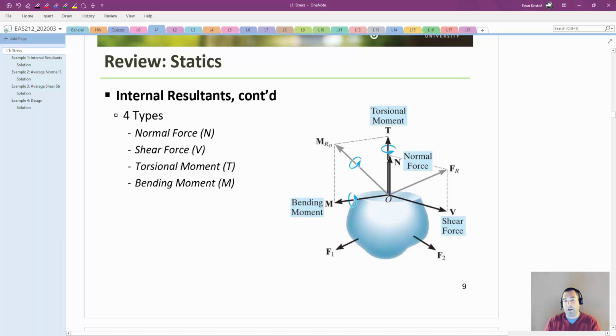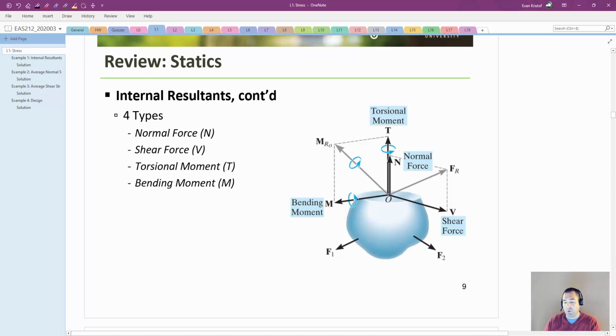And this is going to be critical for us when we start calculating stresses, because the stress based off the force that's acting perpendicular to the section cut is going to be calculated differently than the stress due to the force acting parallel to the section cut. So it's all about whether you're looking at something parallel to the section cut or perpendicular.